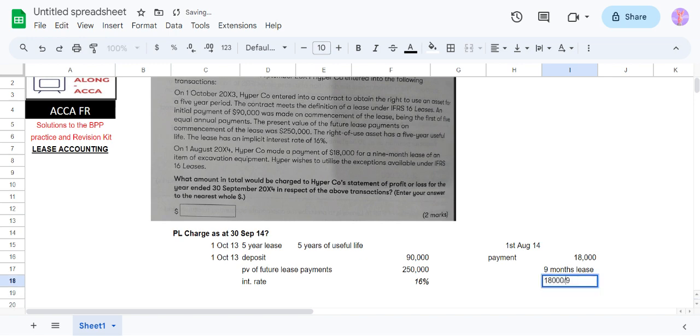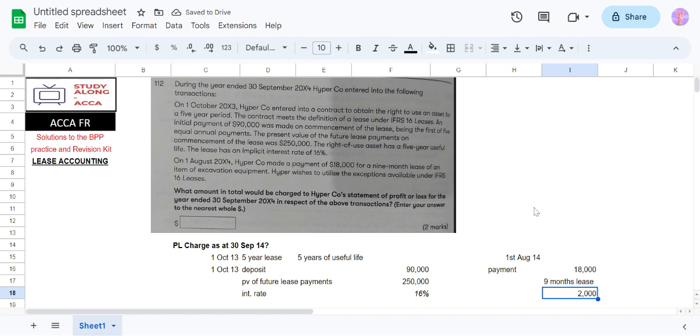So every month we have 2,000 of depreciation. But because in this reporting period ending on 30th September we only have 2 months, August and September, we will multiply it by 2. So 4,000 is the depreciation charge for the second lease.